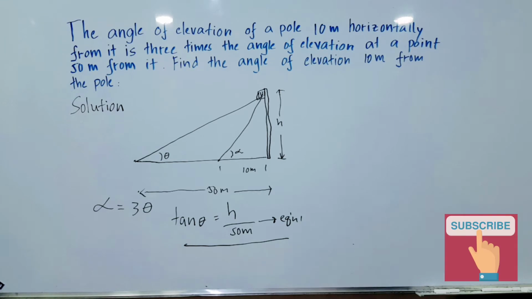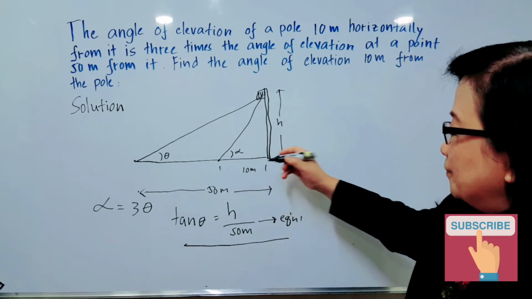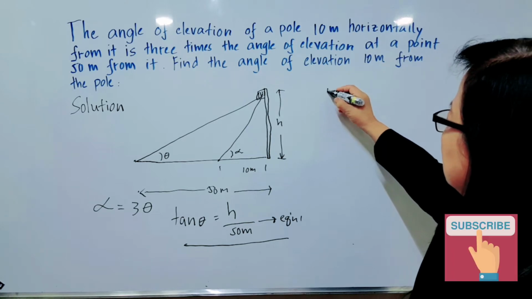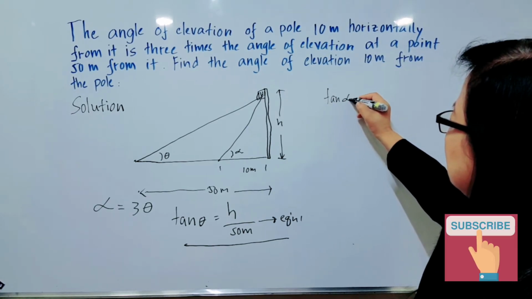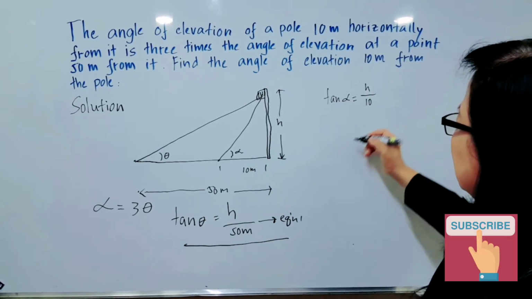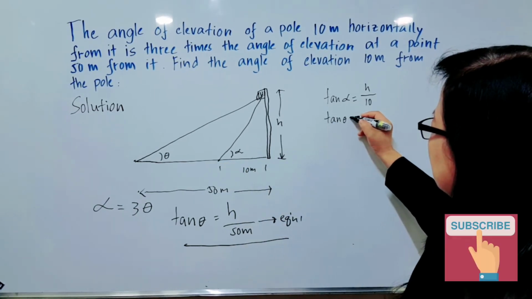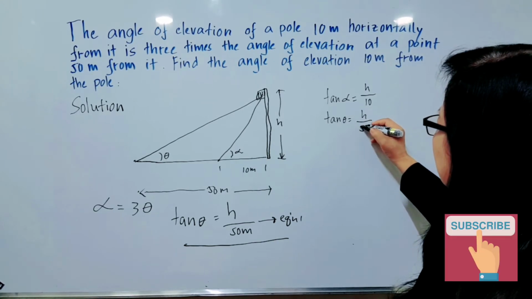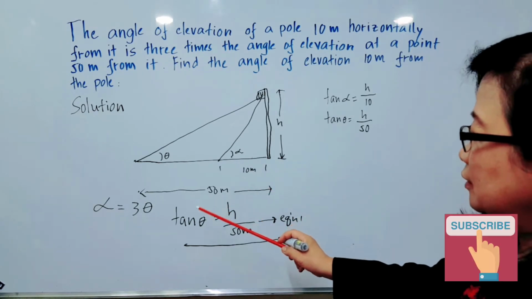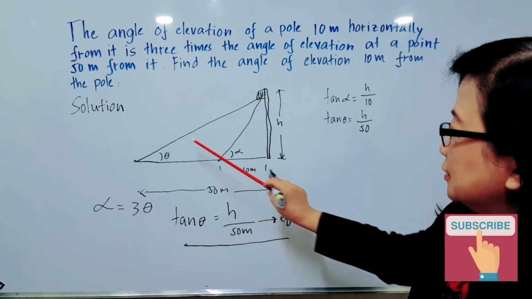We can make this one as, for example, tangent alpha is equal to the height over 10, and tangent theta is equal to the height over 50. So now here, we can use this tangent function here or here.